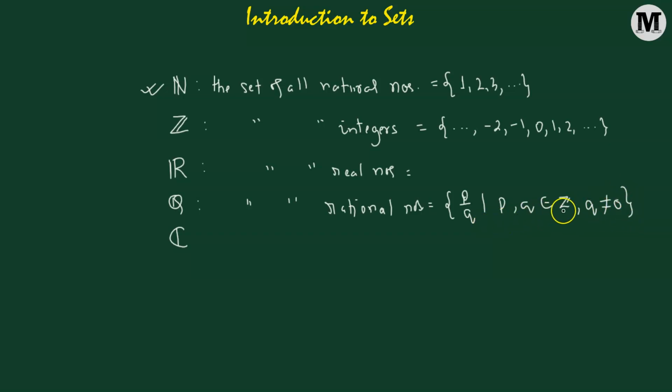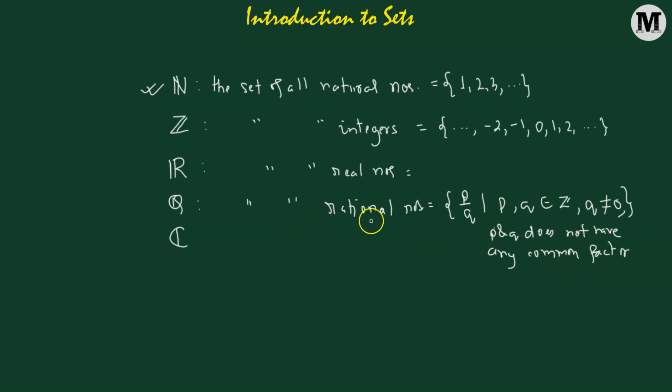So that means p and q are integer values and q is not equal to 0. And if we divide p by q, then what we get is a rational number. We also have to specify, with a comma here, that p and q must not have any common factors. So that's the definition of a rational number.